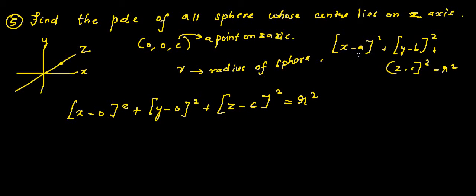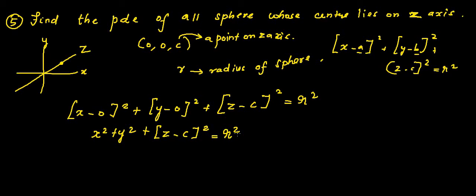So that is the general equation. Here a and b become 0 because its axis does not lie on the x and y axes. Therefore we are taking it as 0. Here we can know that c and r are constants.